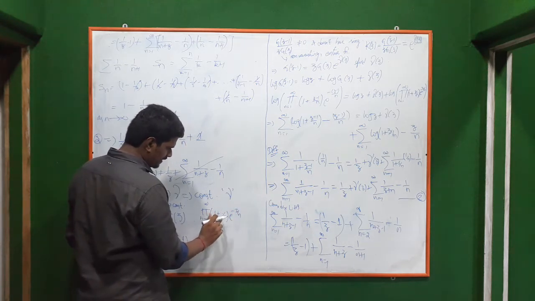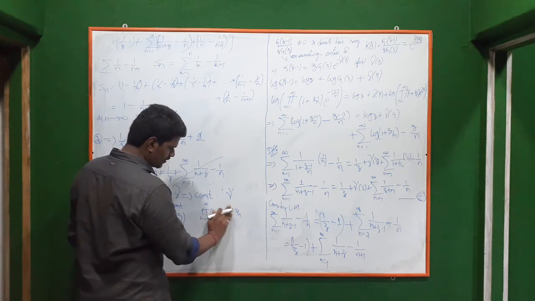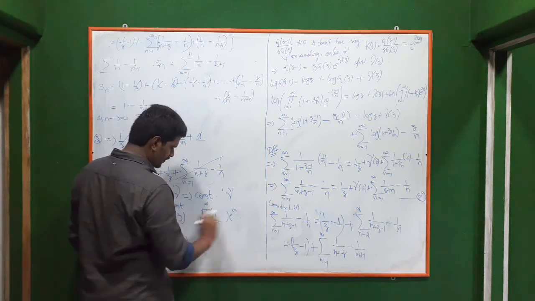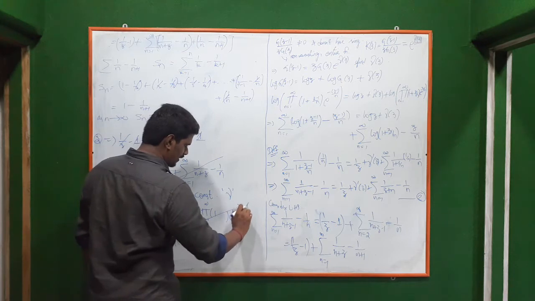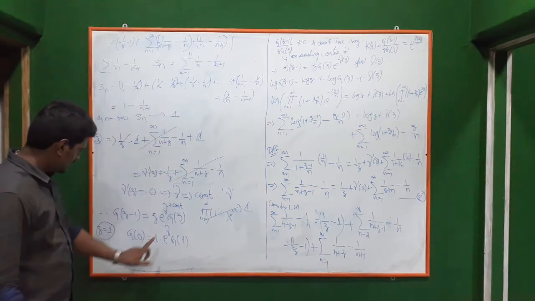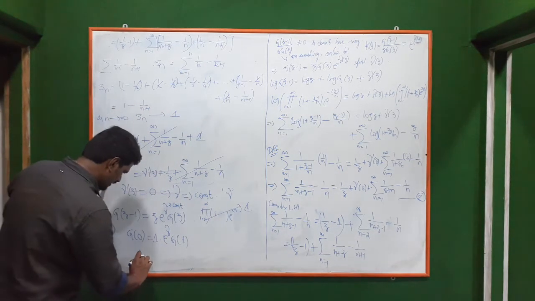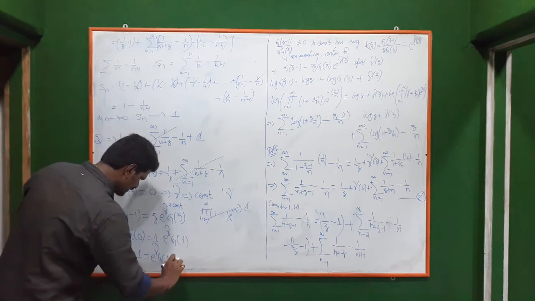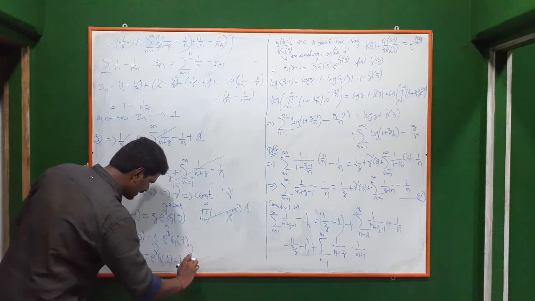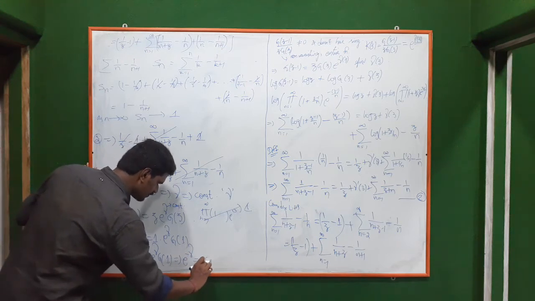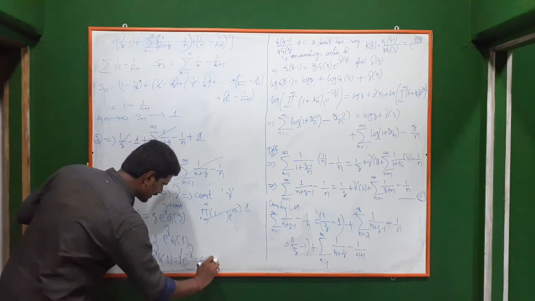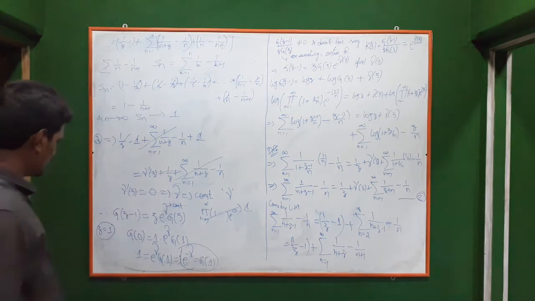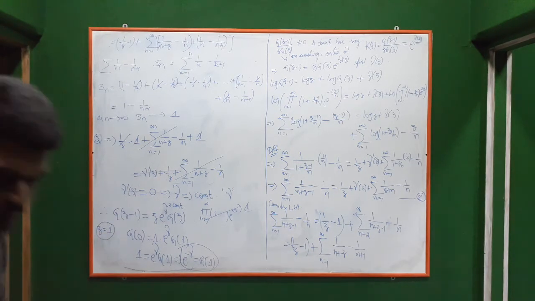With z equal to 0, this will be gone, e power 0 is 1, so this full thing will be 1. So g of 0 is 1. So 1 is equal to e power gamma into g of 1, which implies e power minus gamma is equal to g of 1. Okay, so we have to find what is g of 1.